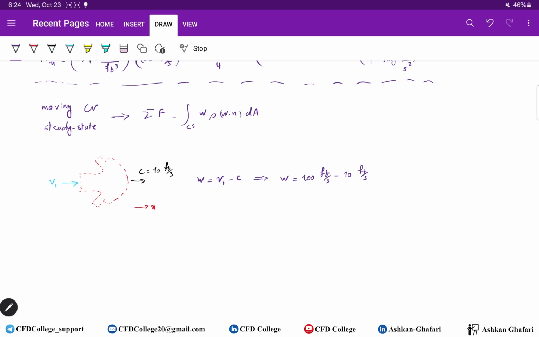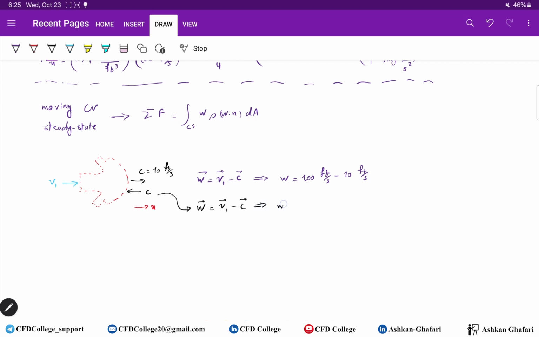If, for example, you had this situation, C was towards the left, then W would be V1 minus C. You know, these are vectors, and C is in the opposite direction in this hypothetical situation.